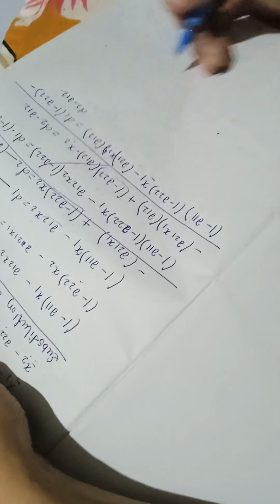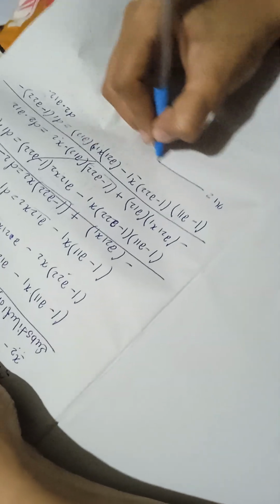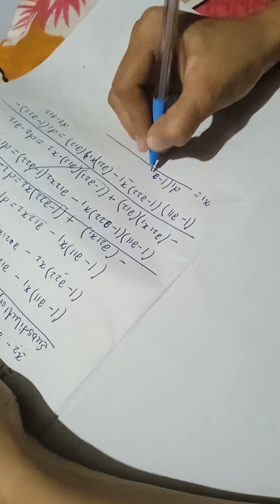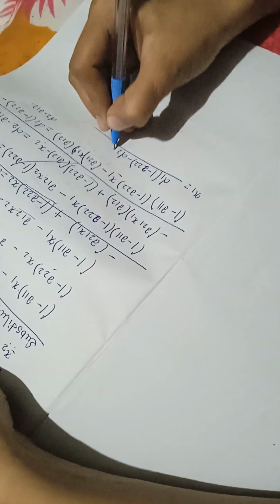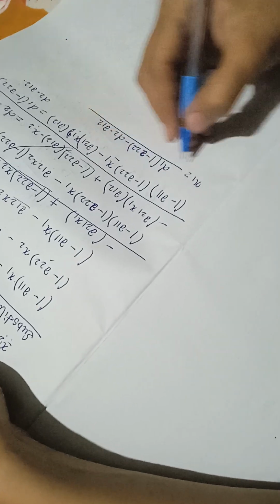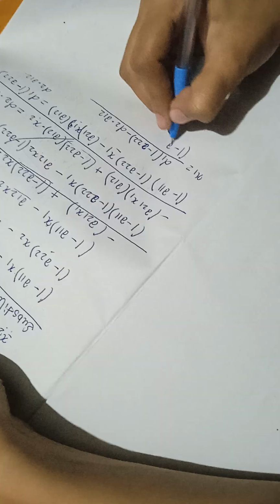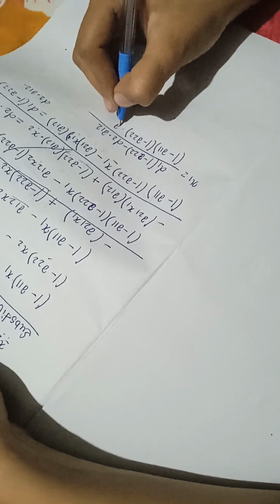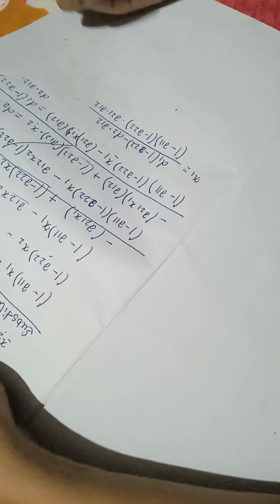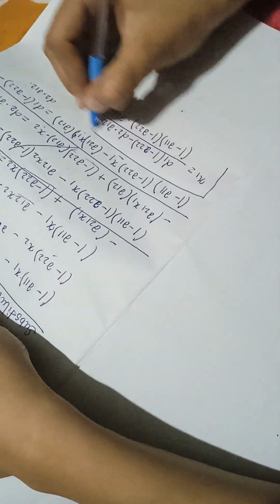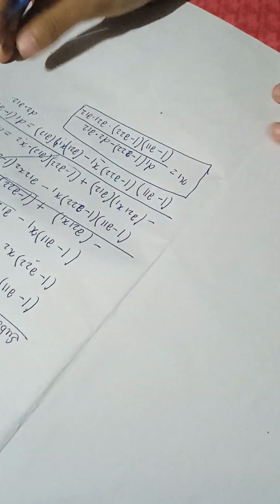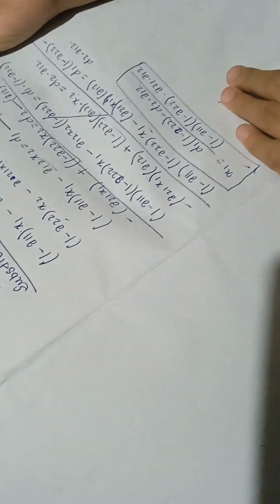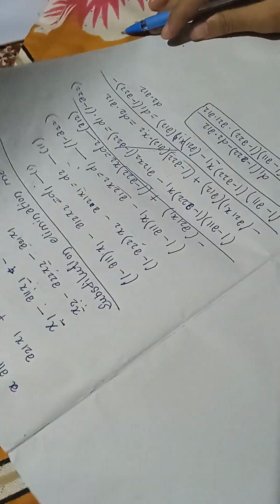So we have x1 equals d1 into (1 minus a22) plus d2 into a12, divided by (1 minus a11) into (1 minus a22) minus a21 into a12. So we get the value of x1, and now we can put this value of x1 in these equations to get the value of x2.